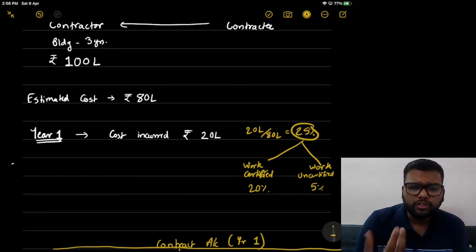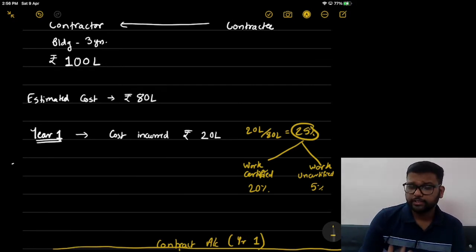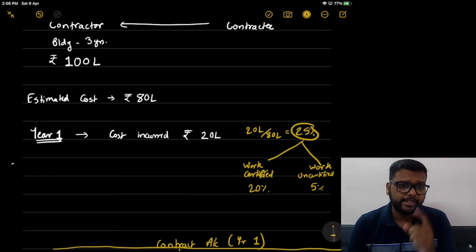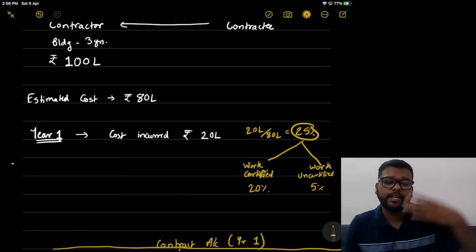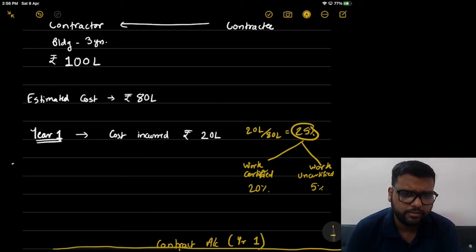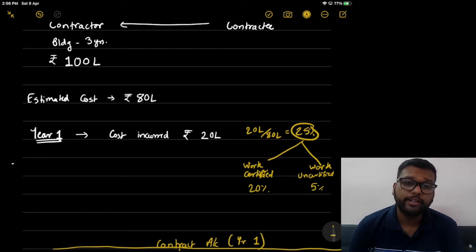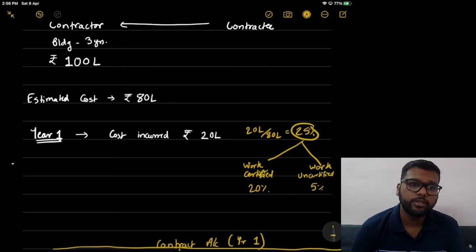It can happen because of multiple reasons. Understand carefully. One reason can be that we are saying 25% but that expert thinks only 20%. Another reason can be, let's say the year ends on 31st March.